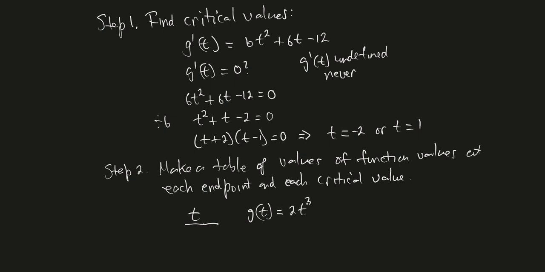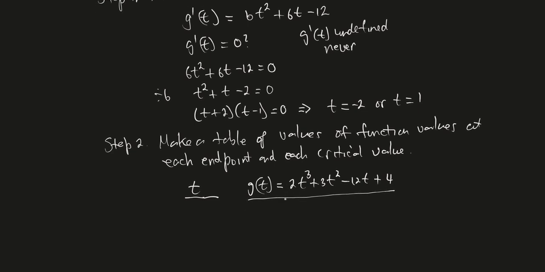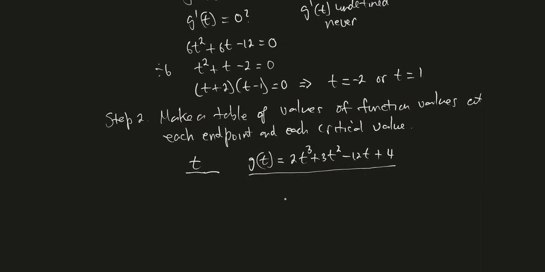It's 2t cubed plus 3t squared minus 12t plus 4. So let's make a column there, and I will list the numbers in order. Our negative 4 is the least, then would come the negative 2, then the positive 1, and then the other endpoint was a positive 2.